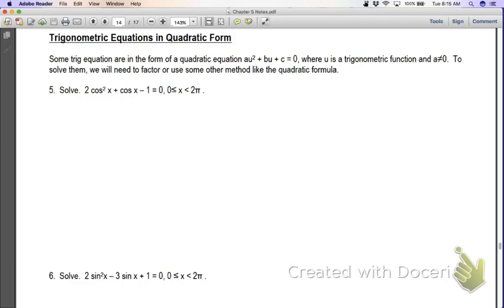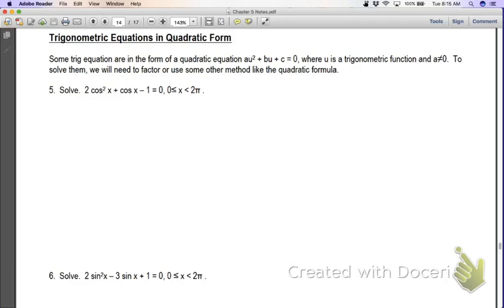So whenever we have a trig equation that is going to be quadratic, all we want to do, just like we did yesterday, is let our cosine value or our sine value or whatever our function is be a letter.